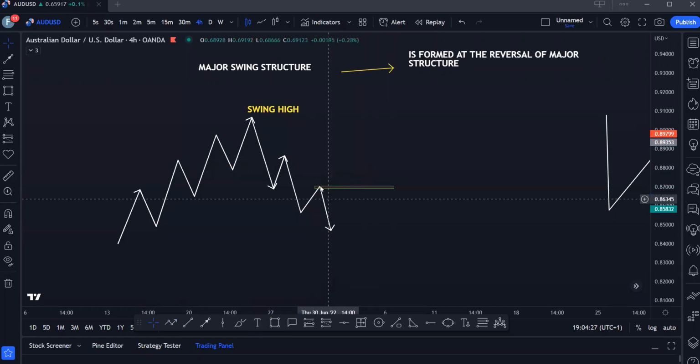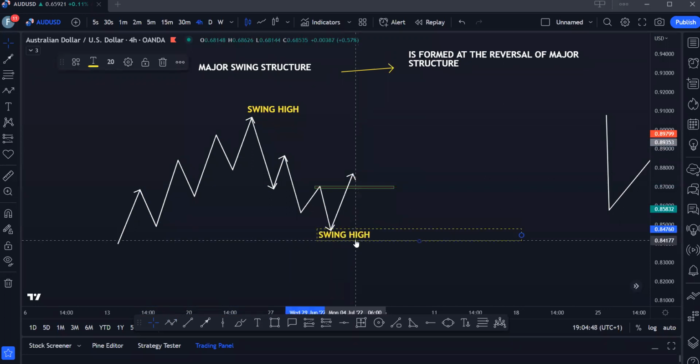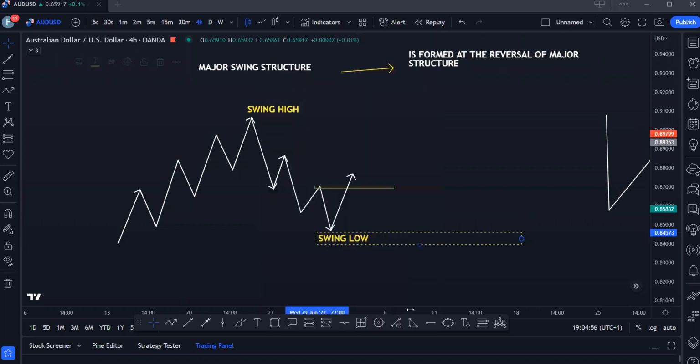If price breaks this lower high structure by giving you something like this, and remember, guys, that break has to be characterized by the body of the candle closing above this. Once this break happens, this is now your swing low. Don't worry, it will come together for you in a bit. Just follow along.